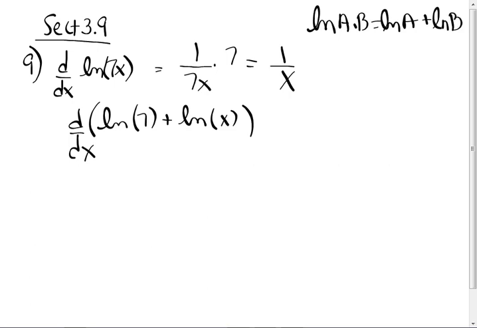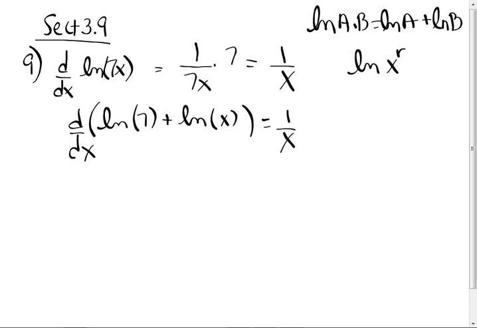One more property before I go on. This is the easy way. What's the derivative of the log of 7? 0. That's just 1 over x. So if I have any constant times x, it's just 1 over x. Always. So you could put that in your list if you wanted. Here's another one.